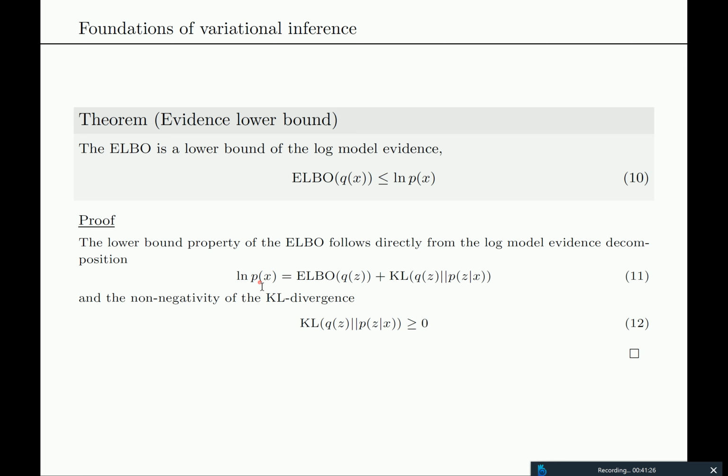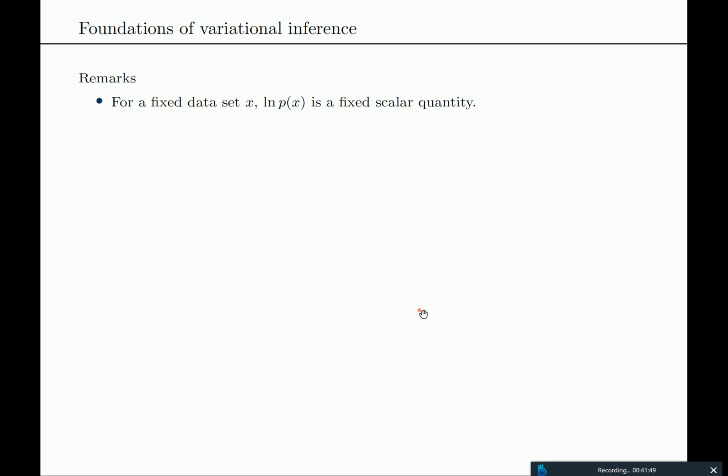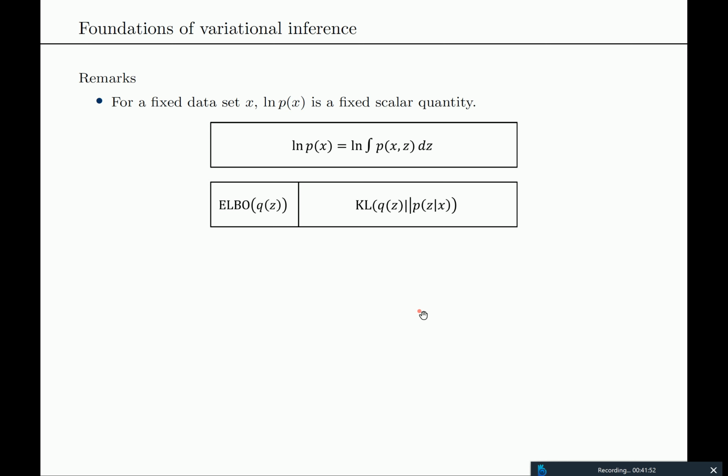So this is always positive, hence this must always be a little bit smaller than this, or if this is 0, then they are the same. And this is the evidence lower bound property of the ELBO, and it just follows from the positivity of the KL divergence. This is a visualization.